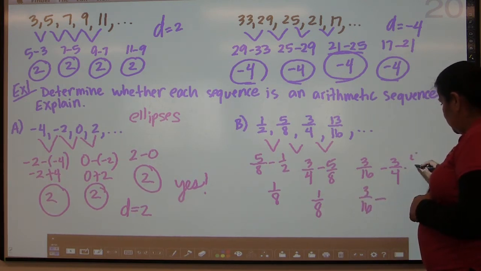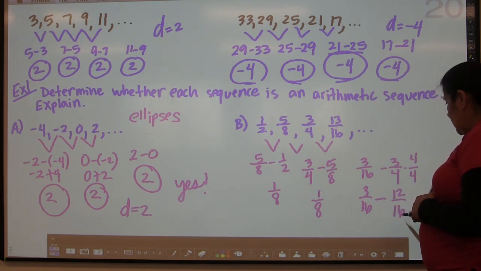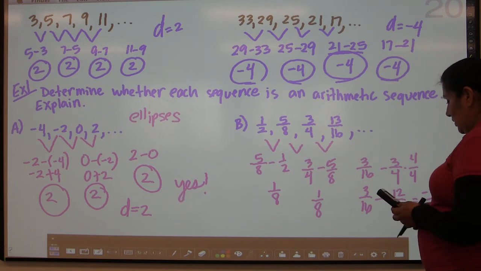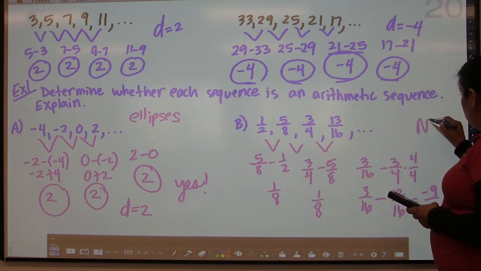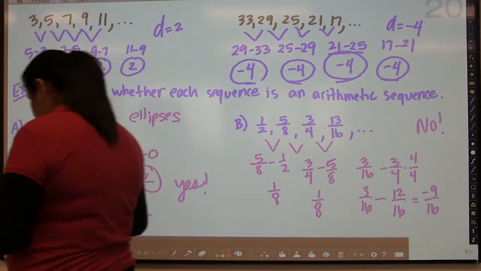And if I times top and bottom by 4, I'm going to get minus 12/16. And 3 minus 12 is going to give you negative 9/16. And that is not the same thing as 1/8. So this is a big fat no as far as being an arithmetic sequence.